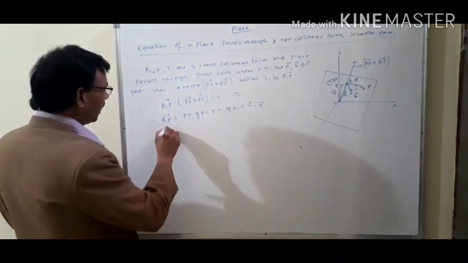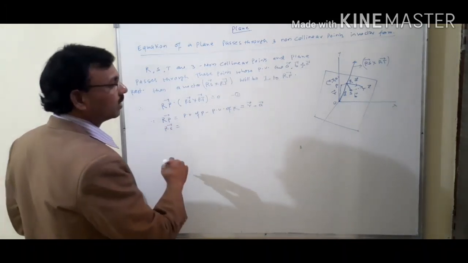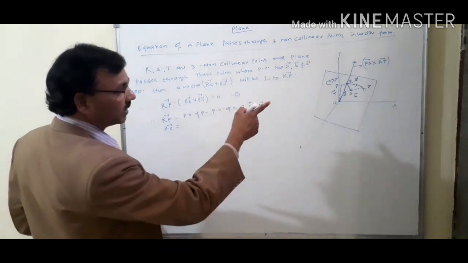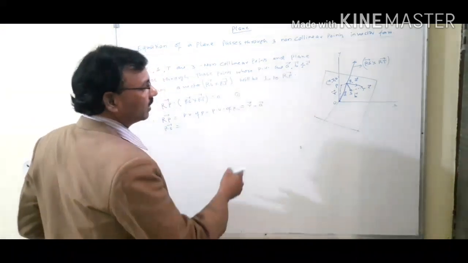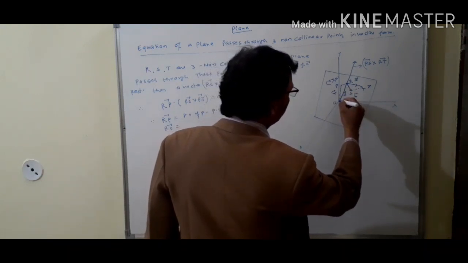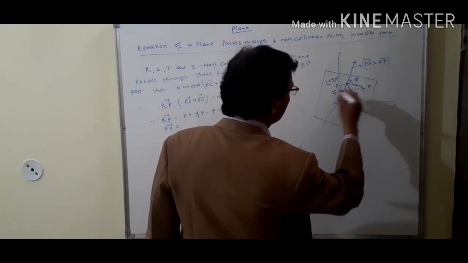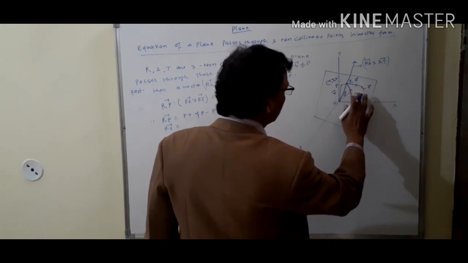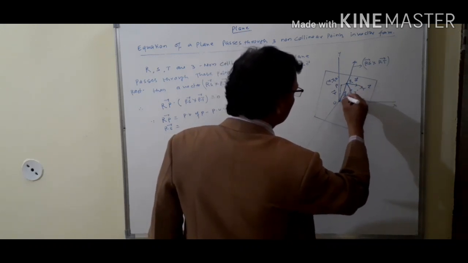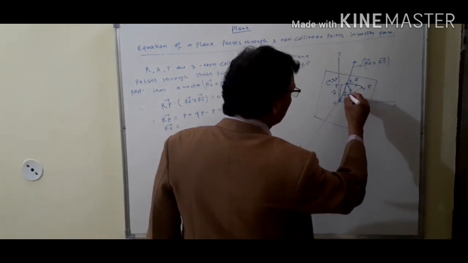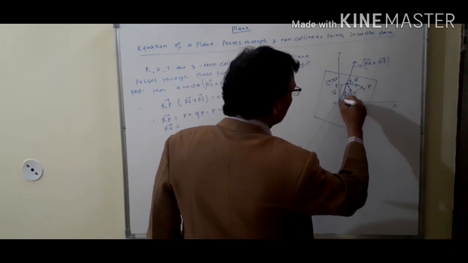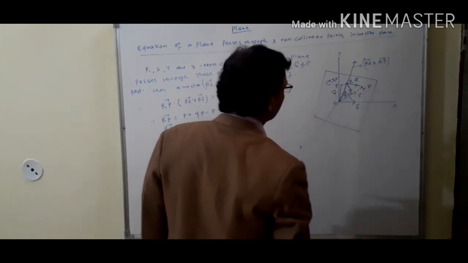RS is equal to the position vector of S minus the position vector of R. The position vector of S is OS equal to b vector, and the position vector of T is OT equal to c vector.